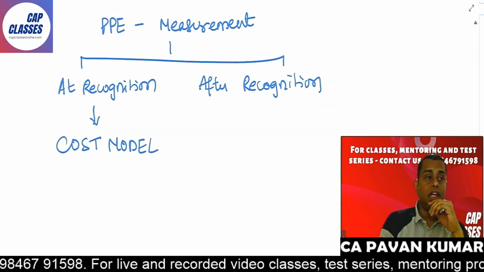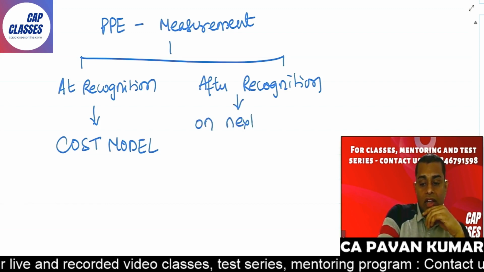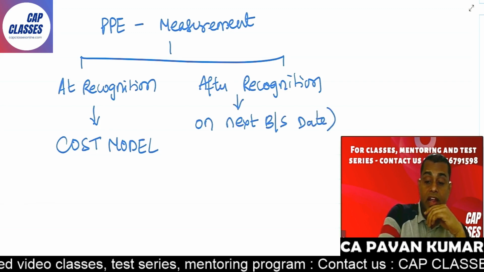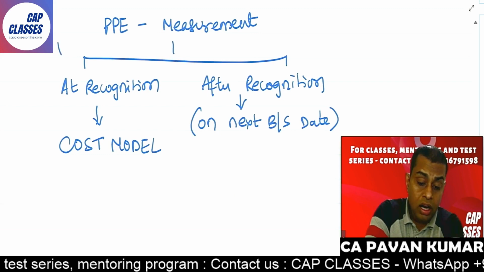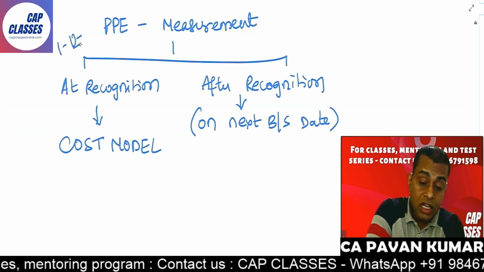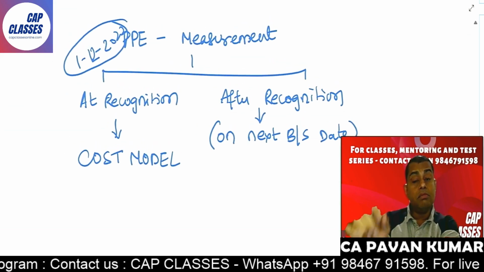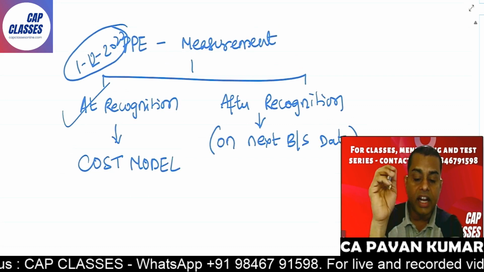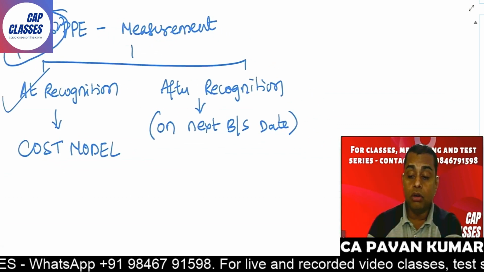After recognition, that means, for example, on next balance sheet or reporting date. Pawan sir, I bought an asset on 1st December 2022. On 1st December 2022, with what amount you pass the journal entry is recognition date. After few months, your balance sheet will come, no?